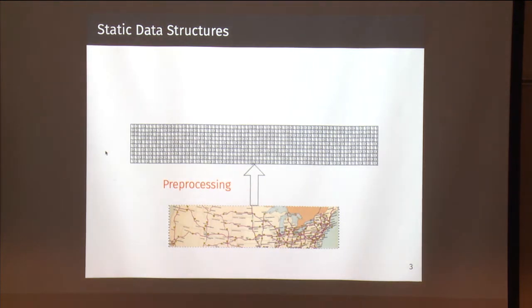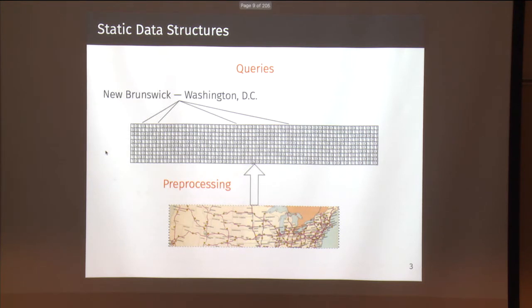Once again, the input is given to you, you preprocess it, and here we place no restrictions on your computational power. But then once it's the query phase, please quickly answer every possible query. You know all the possible queries in advance, you know all pairs of cities in the world. So when you design your data structure, you already know all queries that will be asked. And you need to come up with an efficient data structure.